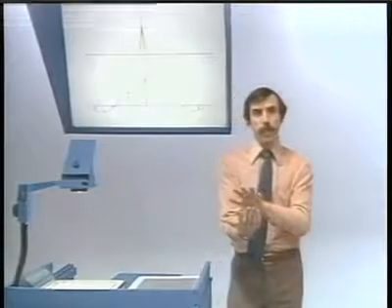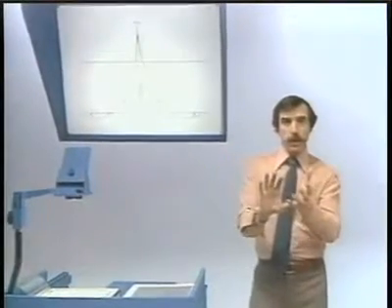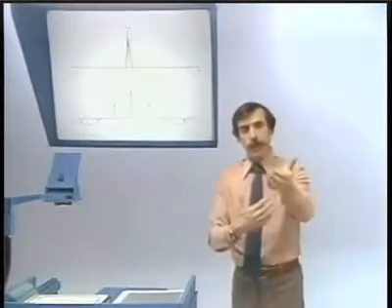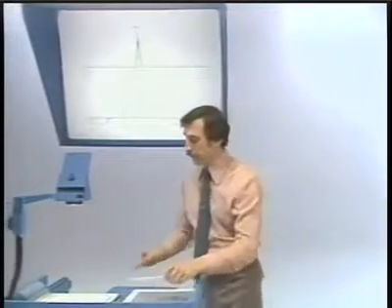Okay, so we have a time function. It's multiplied by this pulse train. Now we're talking continuous time. So in the frequency domain, we have the Fourier transform of the time function convolved with the Fourier transform for the pulse train. And let's see what that looks like.